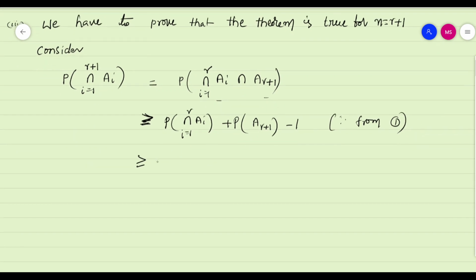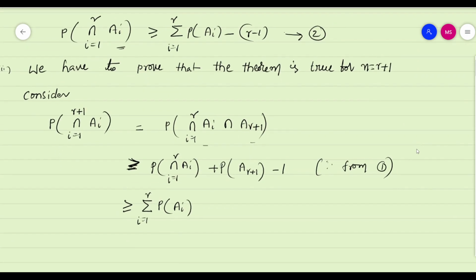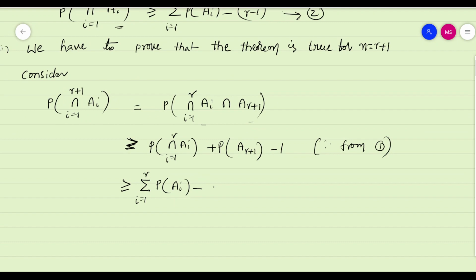So that is summation i running from 1 to r P of ai minus (r minus 1), plus P of a(r+1) minus 1. This is P of intersection i from 1 to r, expanded.